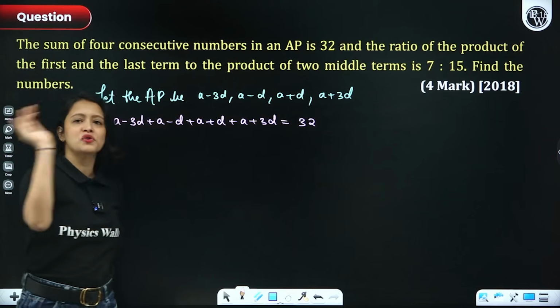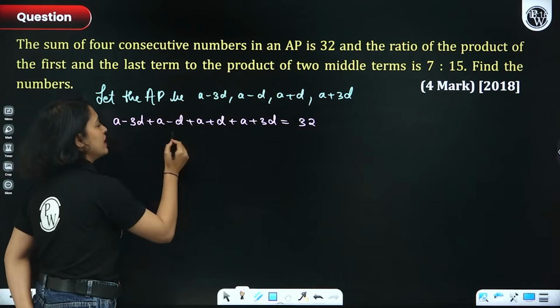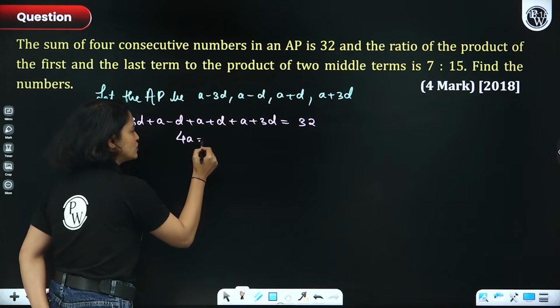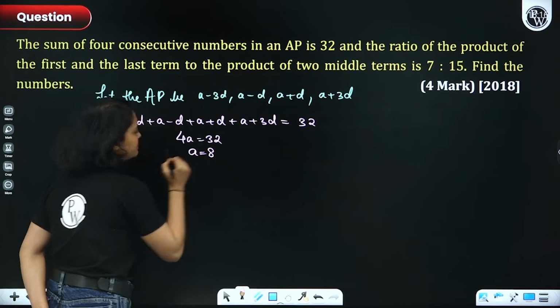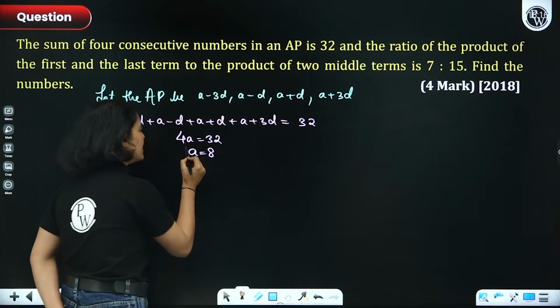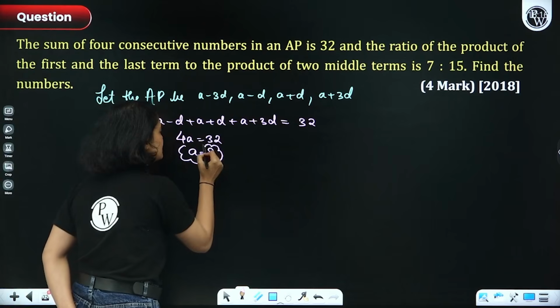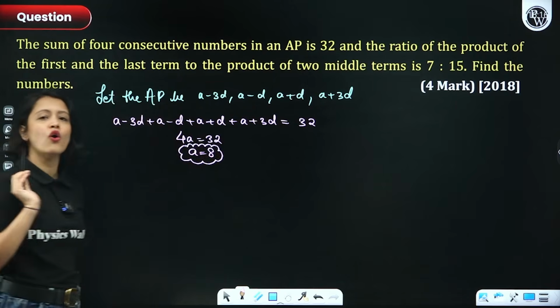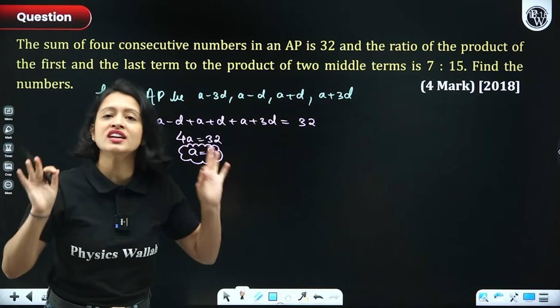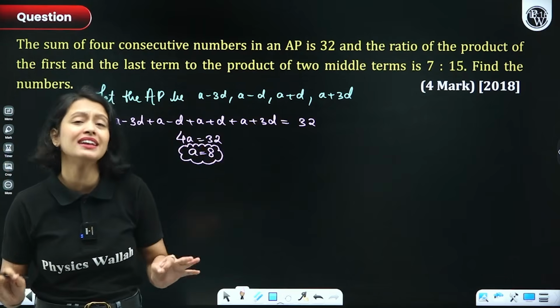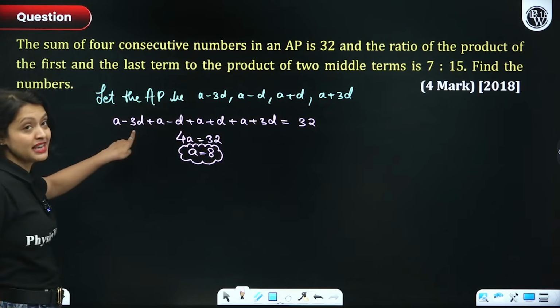Minus D plus D, gone. Only A's will remain, right? So 4A is equal to 32 and A is equal to 8. This is the main reason why we take the APs like this, to get the value of one variable directly. Now A here is not the first term. Please don't treat it like the first term. The first term is A minus 3D.